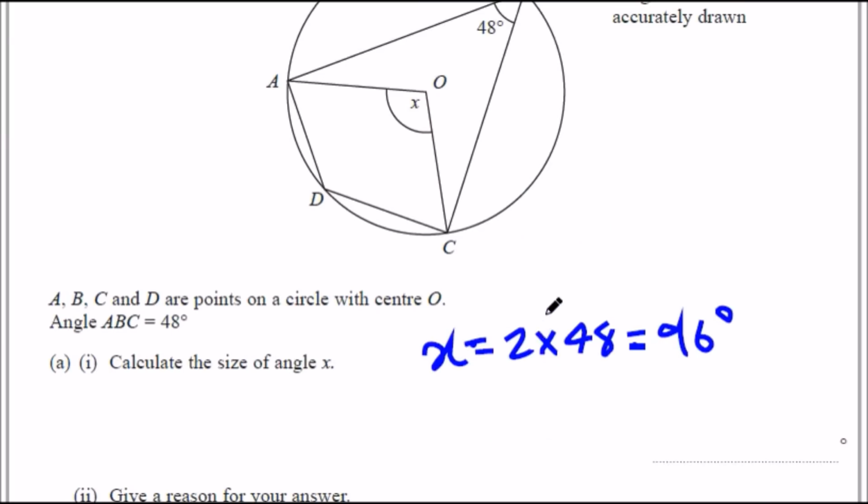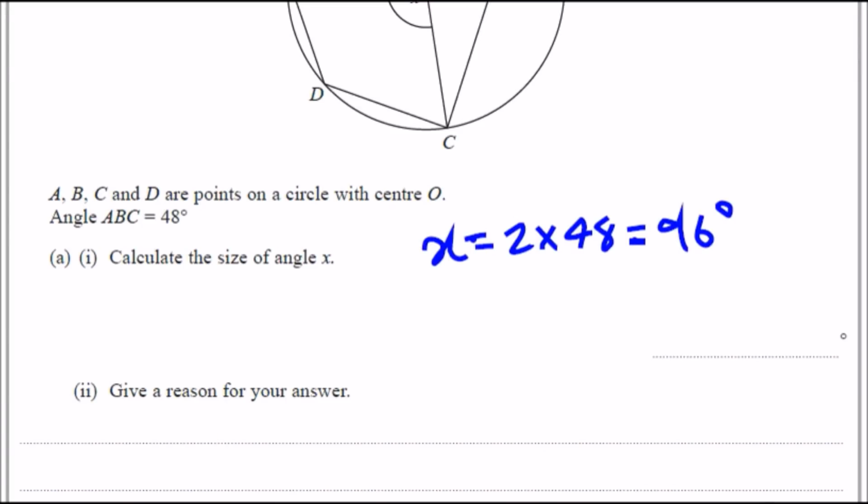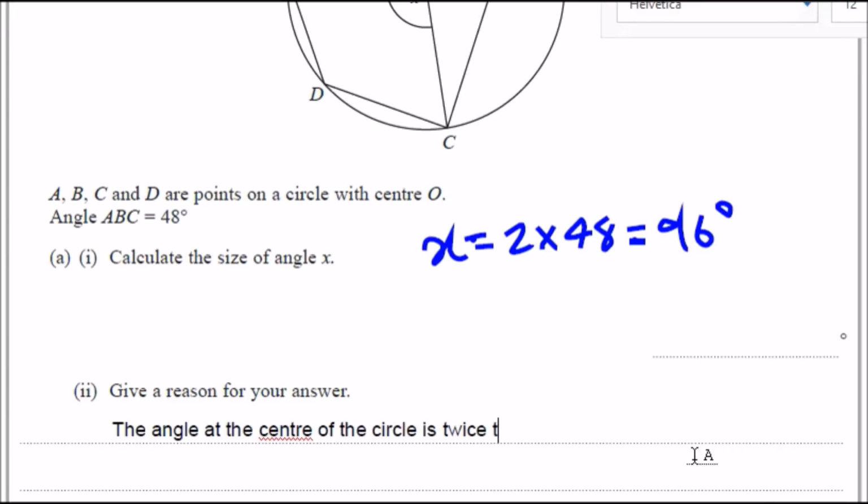Give a reason. So let me write this in words, it'll be a lot easier. So my reason would be: the angle at the center of the circle is twice the angle at the circumference of the circle.